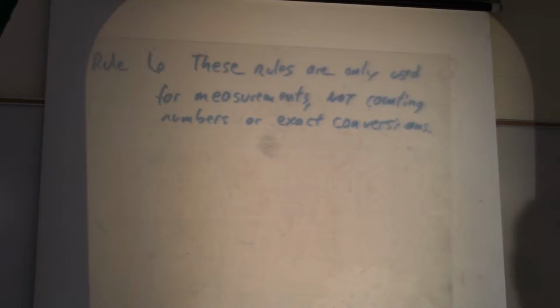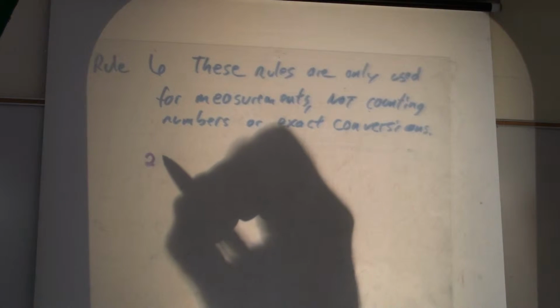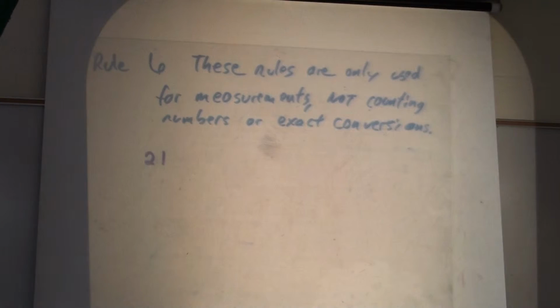So when are you not measuring? When you are counting. If I asked you how many students are in this class, you would literally count them: 1, 2, 3, and so on up to 20. 20 students. I'm going to include myself just for the heck of it.